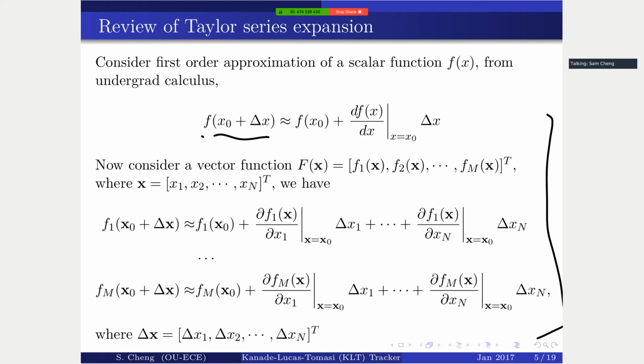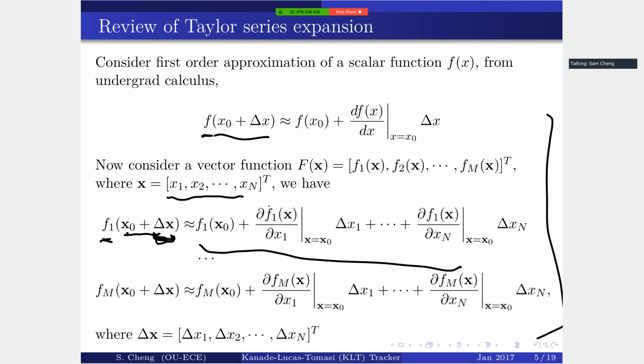So if I have a scalar function here, and the argument is a vector, then if I shift my argument by delta x, my first order Taylor series expansion will be just like this, right?